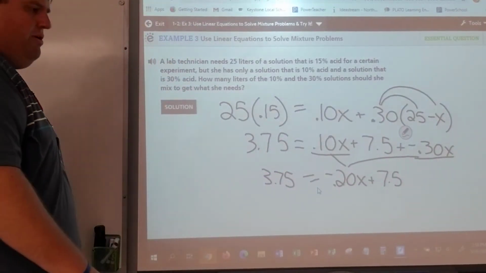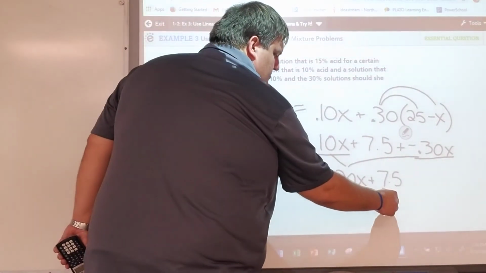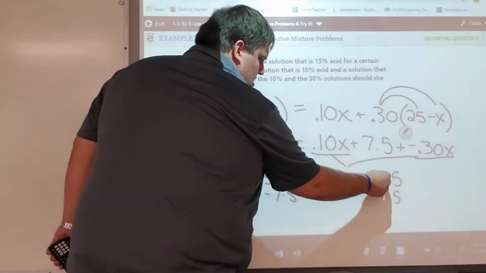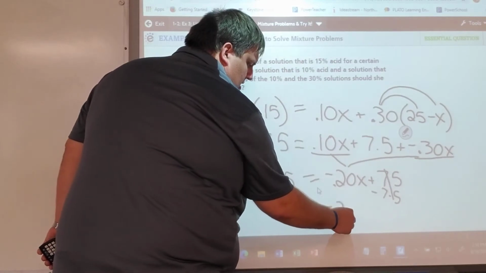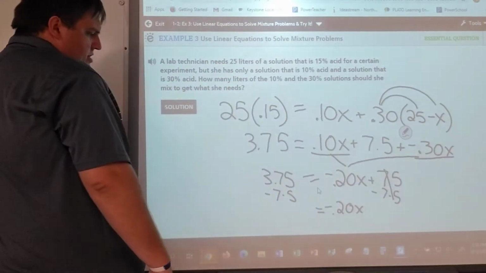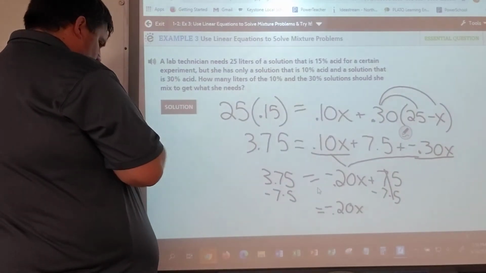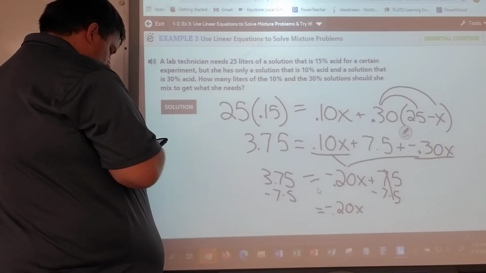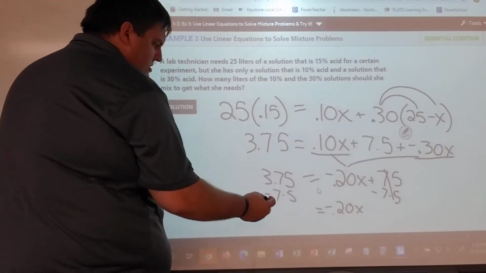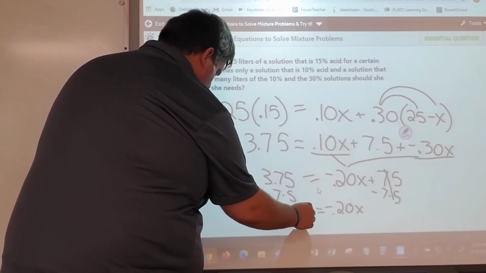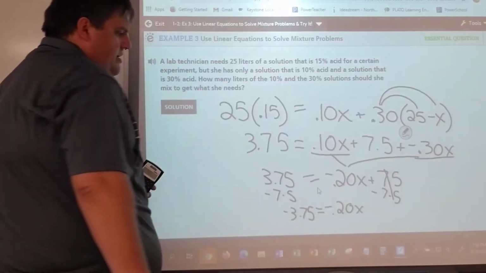Now it's just a two-step equation from there. So we're going to subtract 7.5 from both sides, and that's going to give you negative 0.20x equals, what's that, negative 4? Nope. Negative 3.75. Oh, right in the middle. All right.